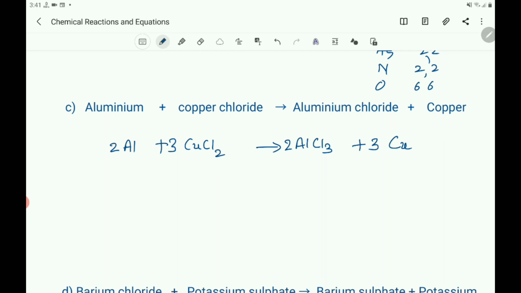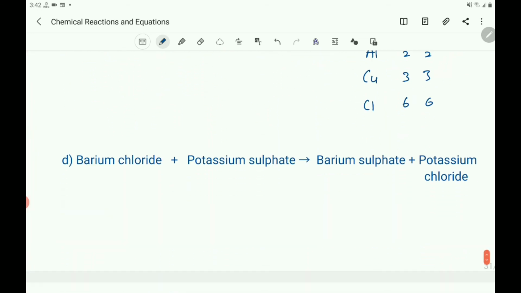In this way verify here aluminium 2, 2, copper 3, 3, and chlorine 3 2s are 2 3s are. Chlorine 6, 6. So it got balanced. Next you take D.